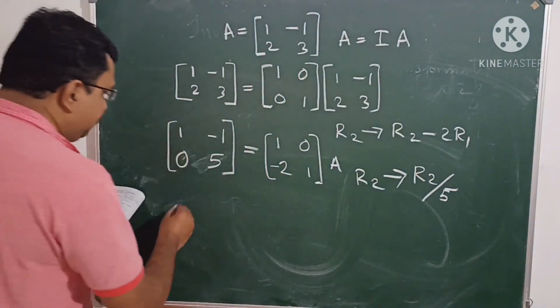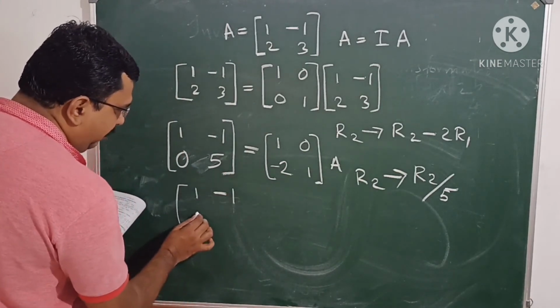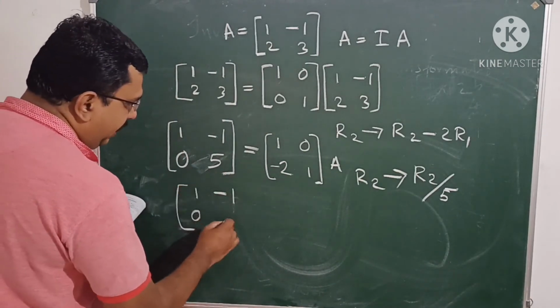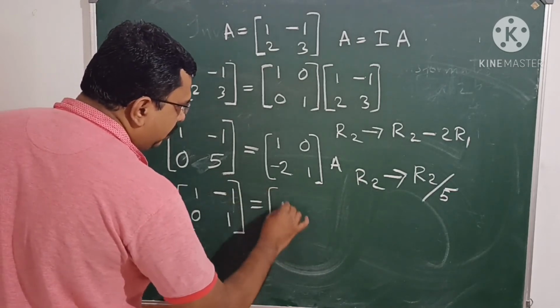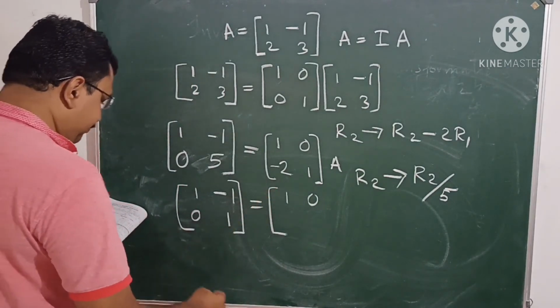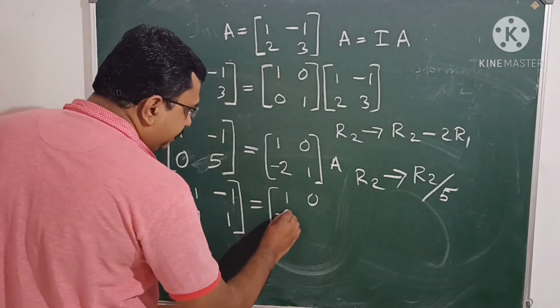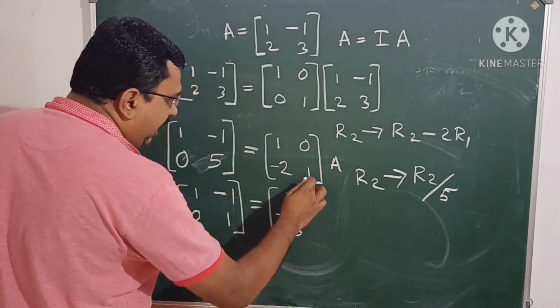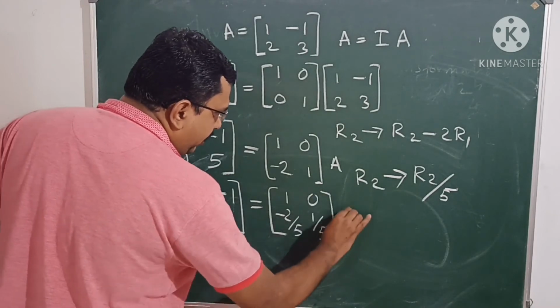Then this will become 1, minus 1; 0 by 5 is 0, 5 by 5 is 1. That is equal to [1, 0; minus 2 by 5, 1 by 5] into A.